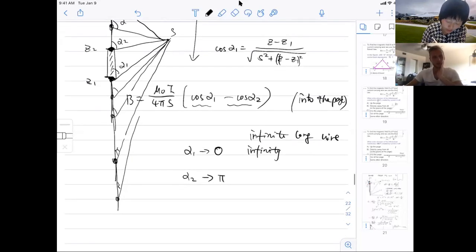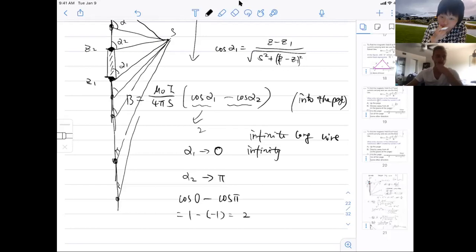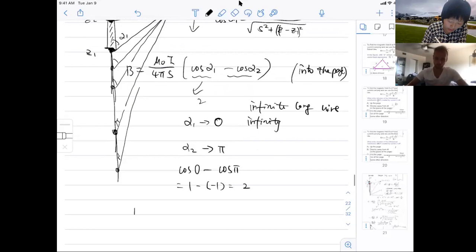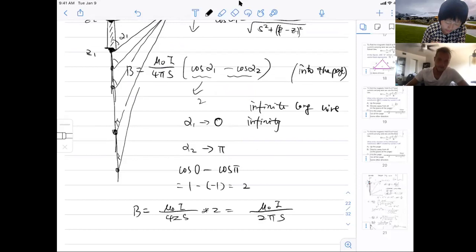Very good. So cosine alpha 1 becomes cosine 0 minus cosine pi, and 1 minus minus 1 is 2. So this becomes 2 for an infinite wire. So I have derived mu naught I over 4 pi s times 2 becomes mu naught I over 2 pi s. Does that look familiar?